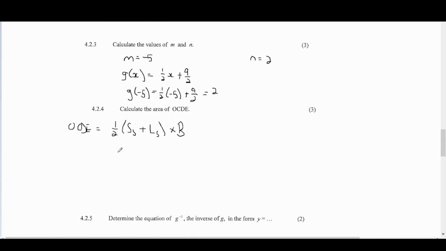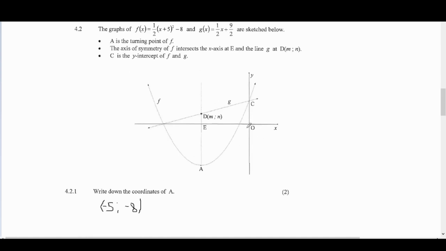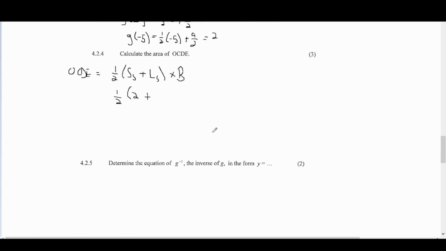So we can put this in here. So it's a half. Our short side is 2. Our long side is from 0 to this point C, which is also our y-intercept. And using this straight line, we know that the C value here is our y-intercept, so that's 9/2.